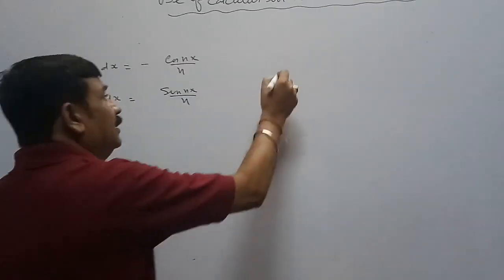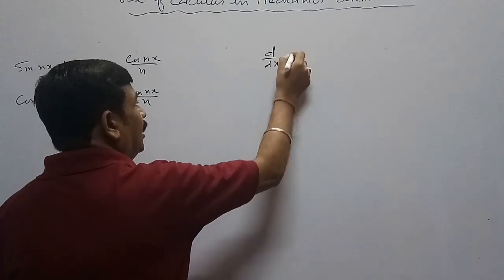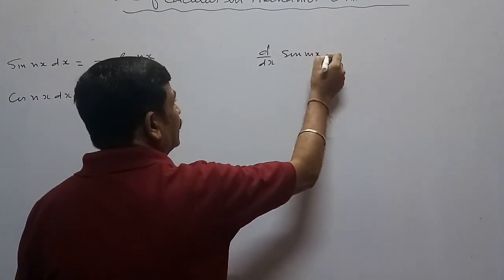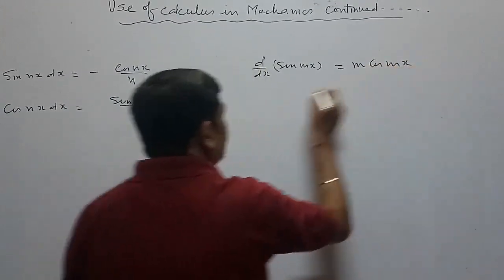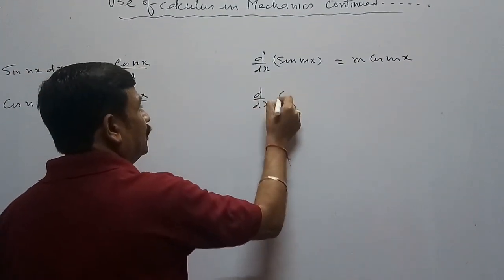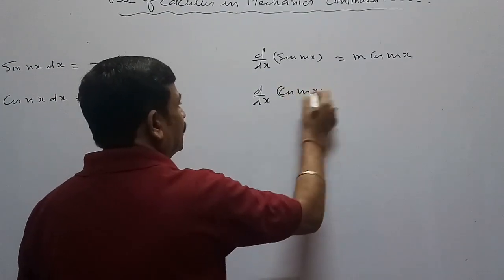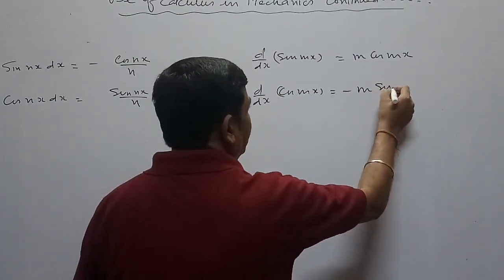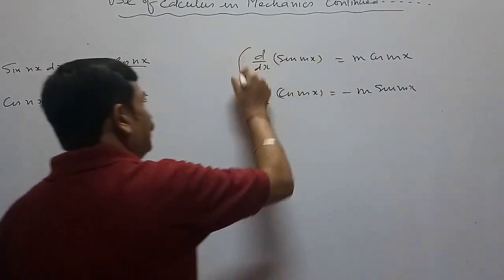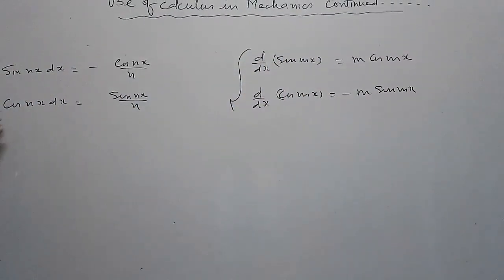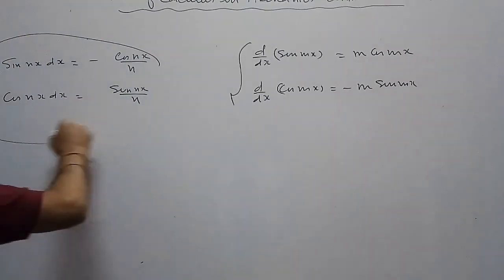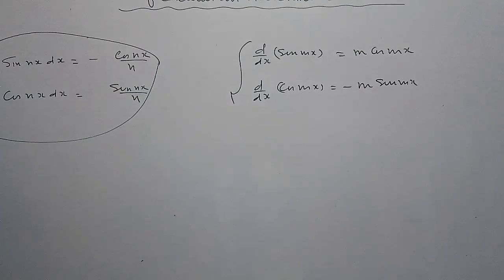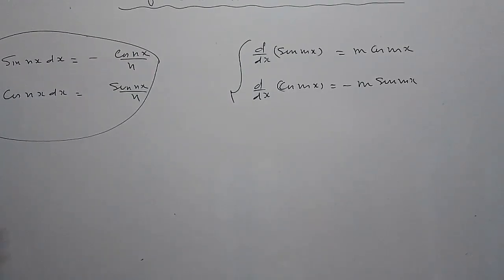If you remember, we wrote that differentiation of sin mx was m cos mx, and differentiation of cos mx was minus m sin mx. Those were differentiation of trigonometric terms; these are integration of trigonometric terms. Keep these in mind when we go for integration. The last topic is substitution and placement of limits.